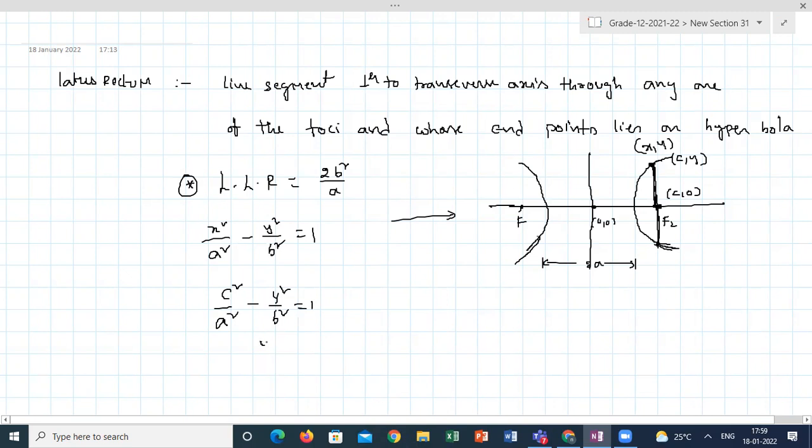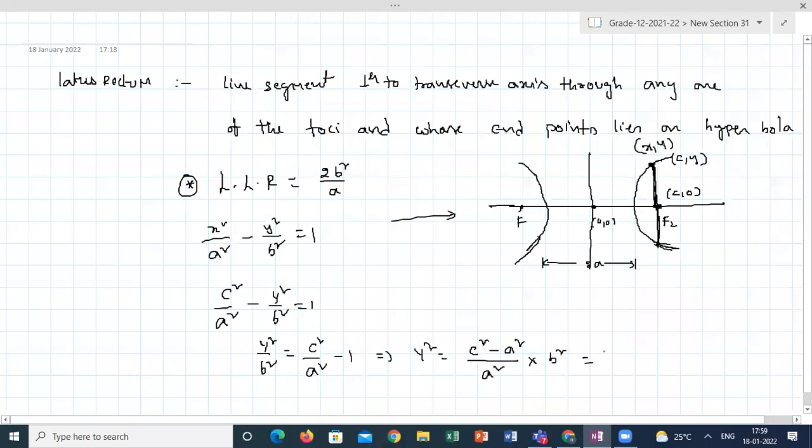So y square by b square is equal to c square upon a square minus 1. So y square is equal to c square b square upon a square minus b square. What is this value? Sir, that is b square.